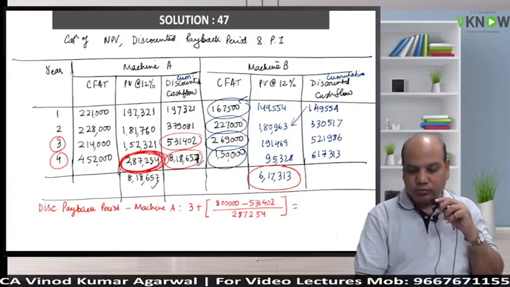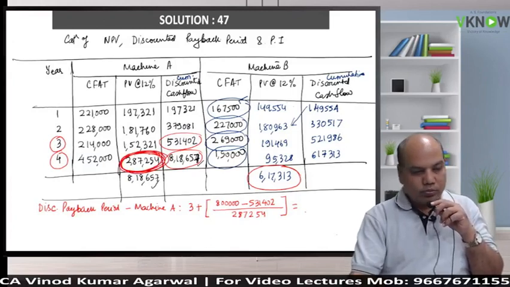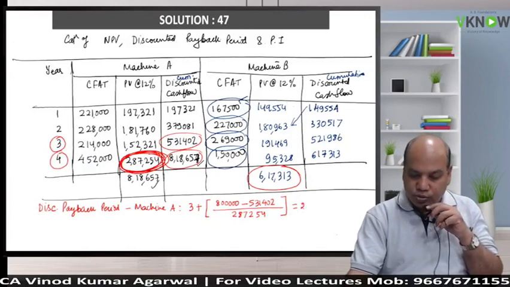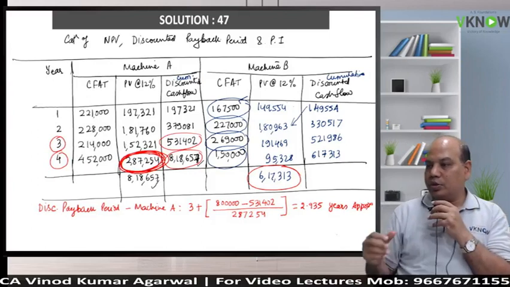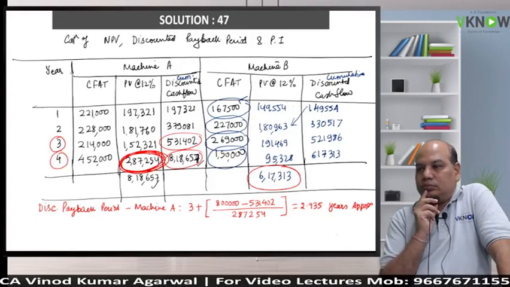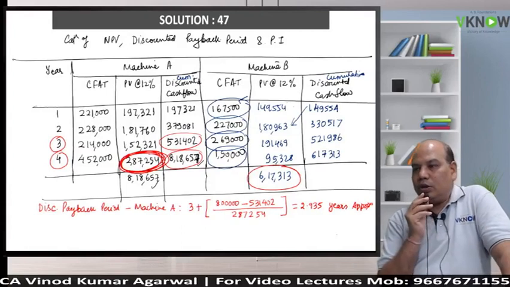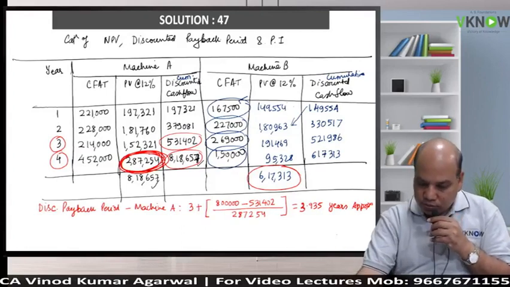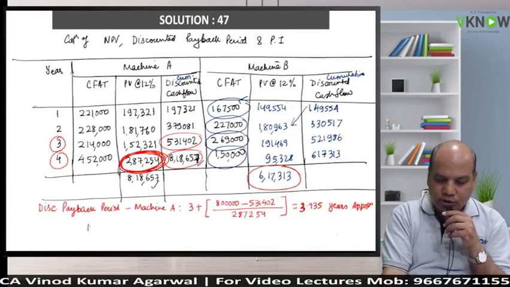Sir, it's 0.935. 3 plus 0.935, so 3.935 years approximately. Write down 3.935 years approximately.